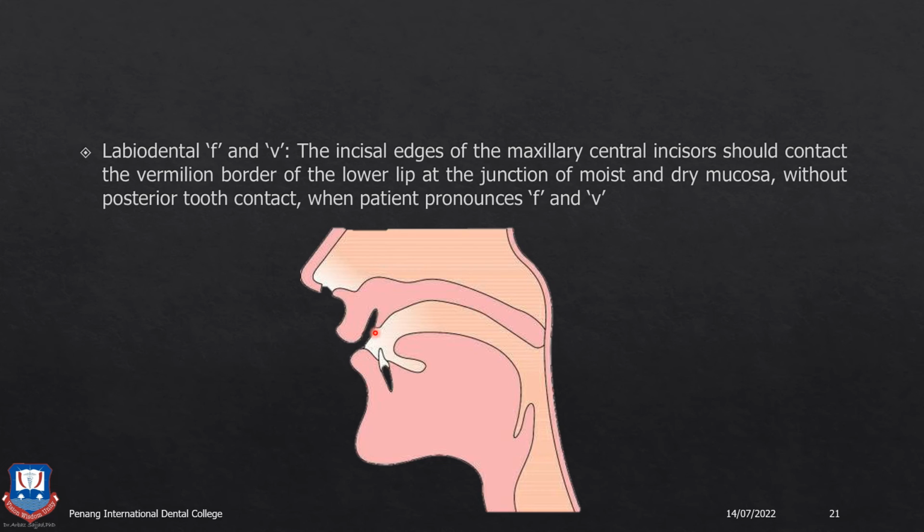If the maxillary anterior teeth are set too apically or too lingually or too palatally, then the patient will not be able to pronounce F and V. So this will help you determine whether your upper anterior teeth arrangement is proper or not.